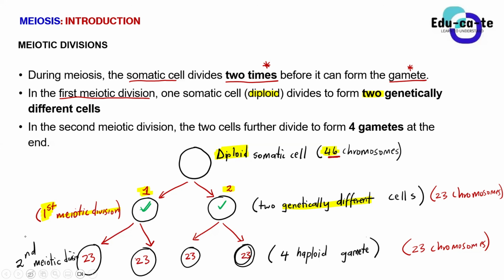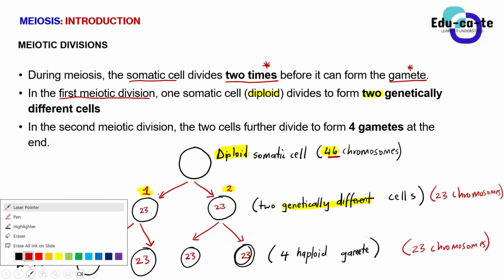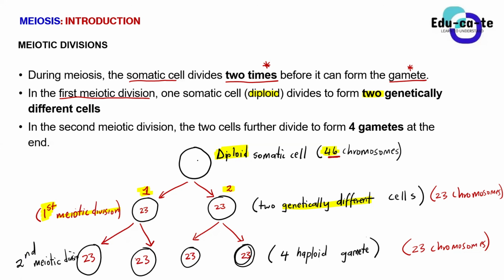Yes, Sam? Also, after the meiotic division, say we have 23, okay. But the second one, I don't understand how it becomes 23. That's the question. That's why I'm asking, is the maths balancing, guys? Because we started with the main somatic cell having 46 chromosomes. Then it split and forms 23, right?